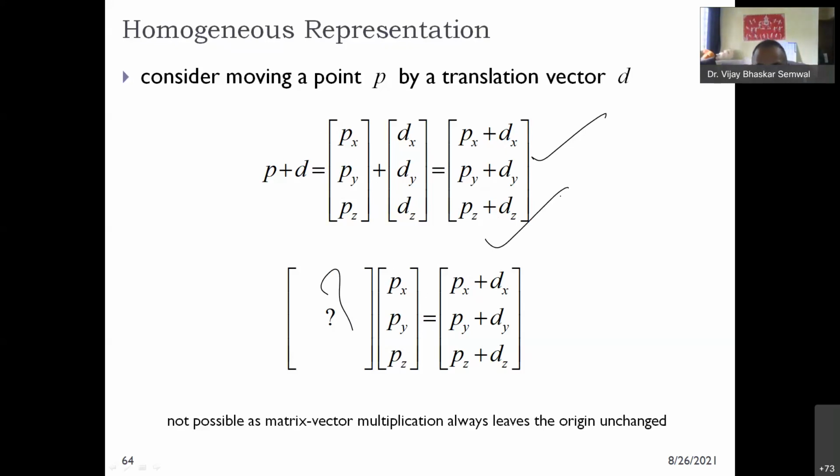Can anyone answer me? The participant who is interested can raise a hand. Can you replace this question mark? Where should I put dx, dy, dz?